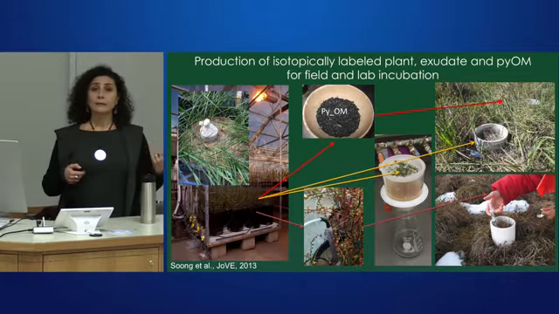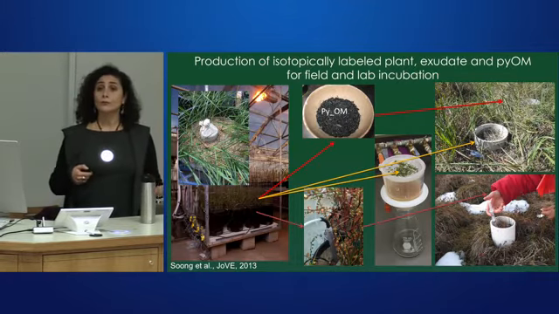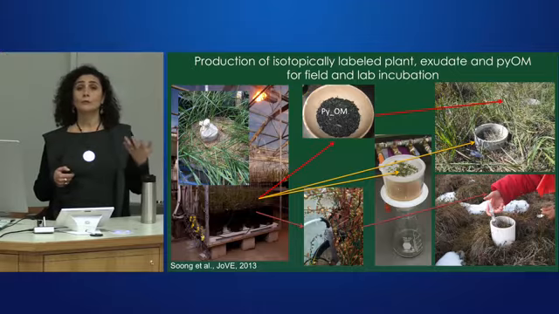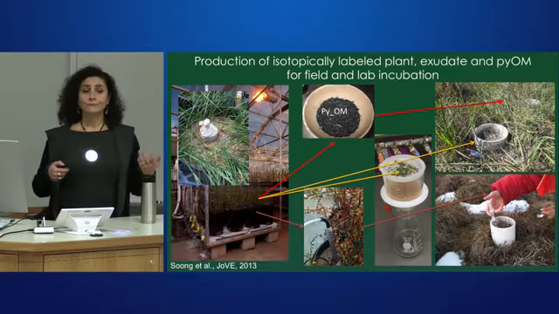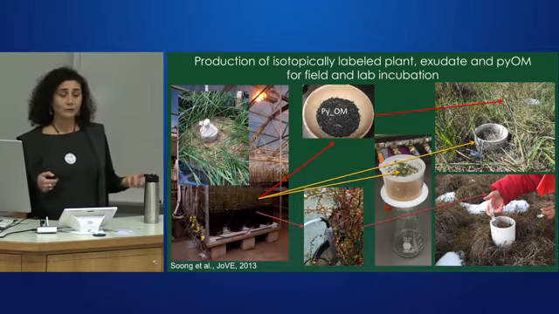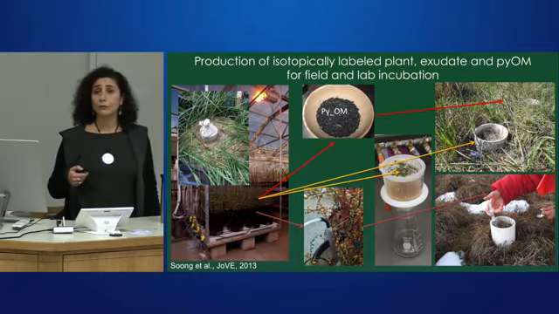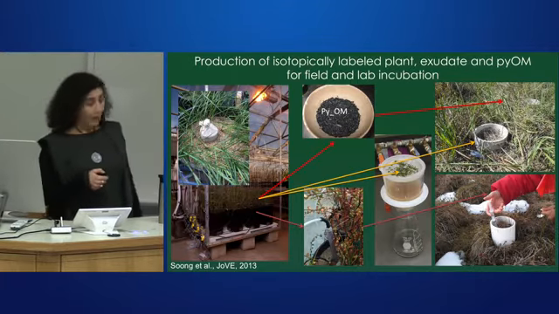And so we enrich our Hoagland solution with 15N, and we enrich the CO2 that enters the chamber with 13C. In order to not make this experiment too expensive, we have generally enriched about 7 atom percent 15N and 4 atom percent 13C, but you can do whatever you want.